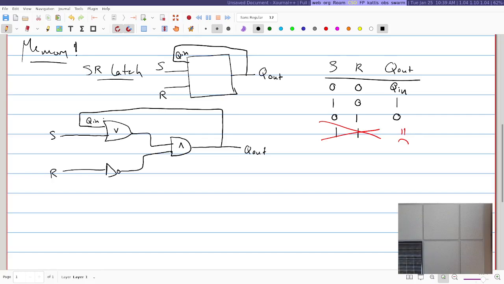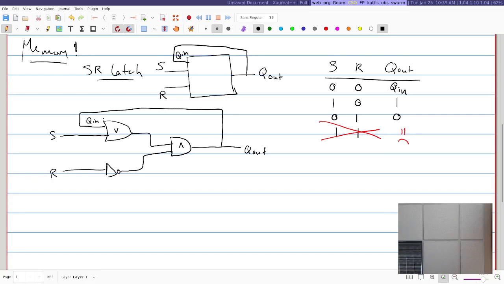S is 0, so that won't make the OR be true. 0, false, is the identity for OR, so this is basically acting like a wire. If this is 0, then the OR is going to be 0. If this is 1, the OR is going to be 1. So whatever Qn is, it's going to go right through to here.